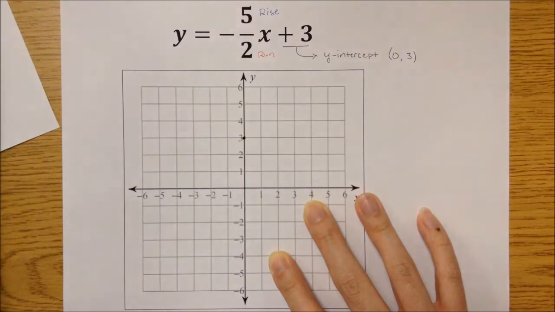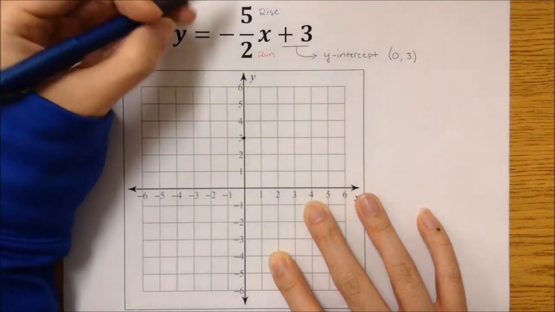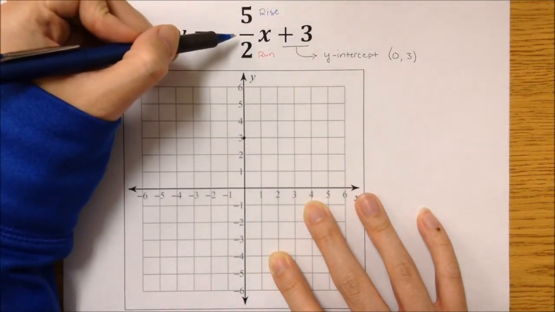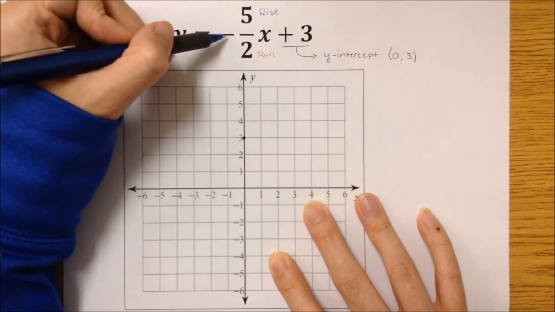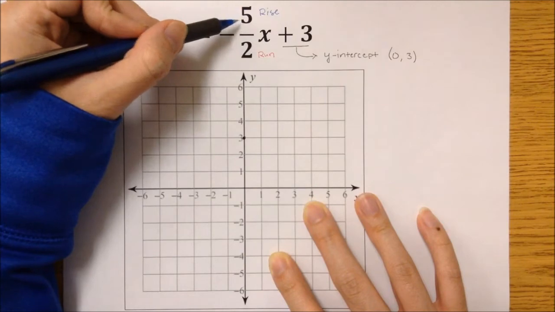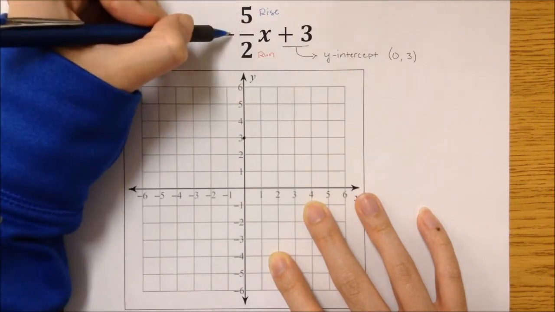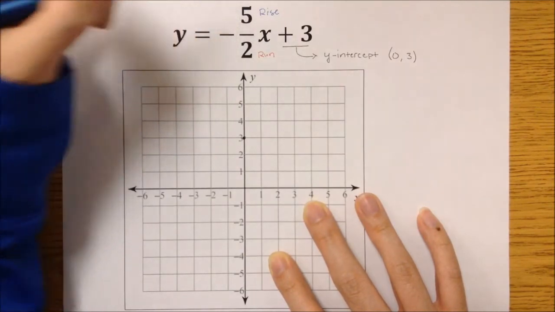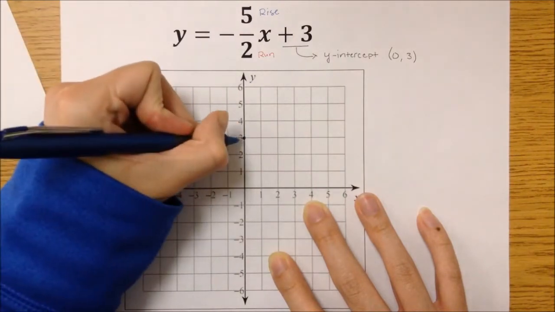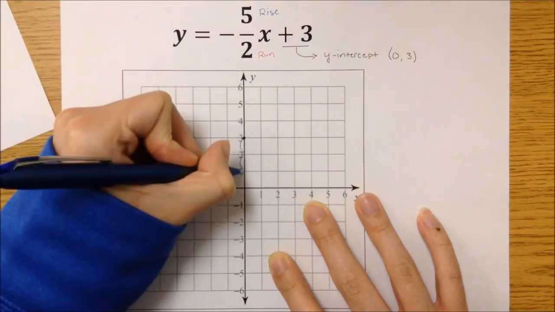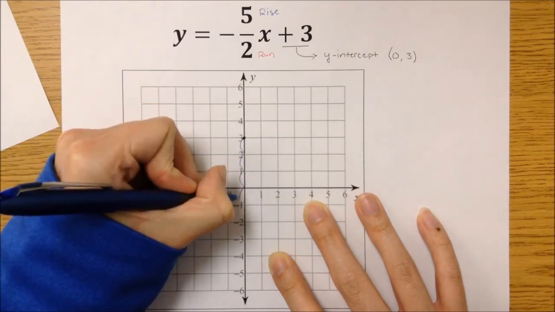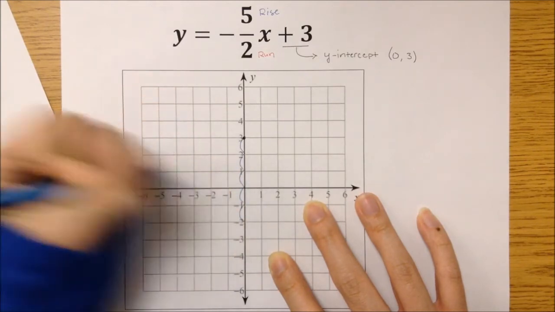Now, given this slope, since it's negative 5 over 2, we're only going to apply the negative to the top number. So negative 5, meaning we're going to go down 5. 1, 2, 3, 4, 5.